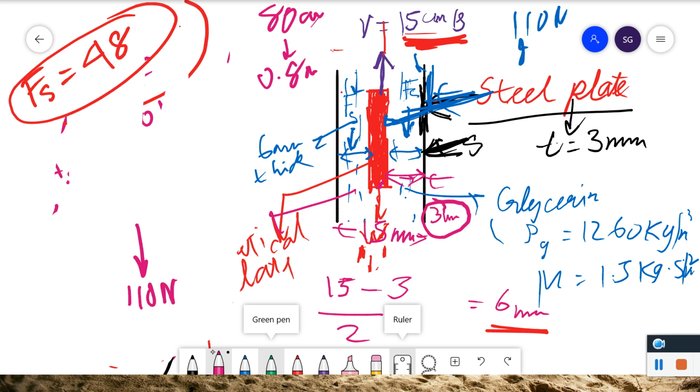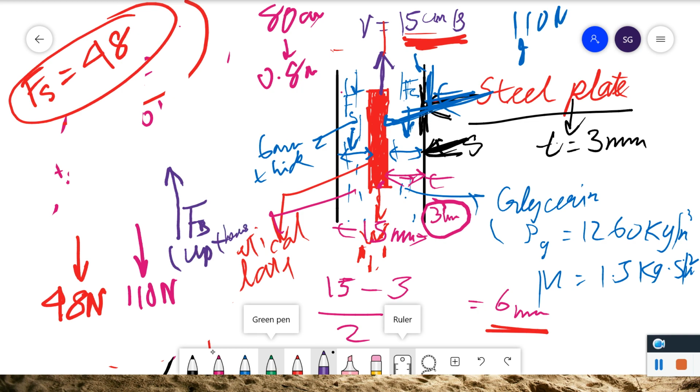This Fs is also downwards, 48 Newton. So you must be thinking the answer is 158, but no, you have forgotten one thing. That is, this force exists and this is Fb, that is the upthrust that you will study in next chapter.